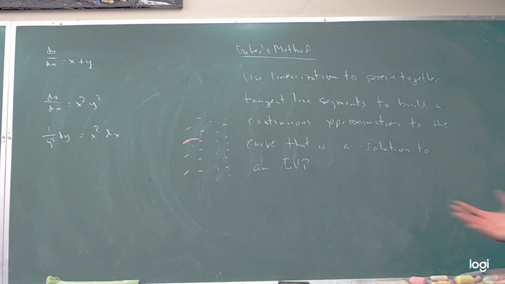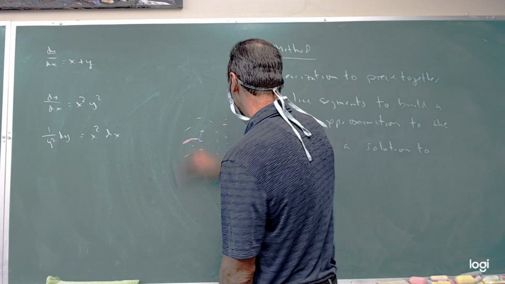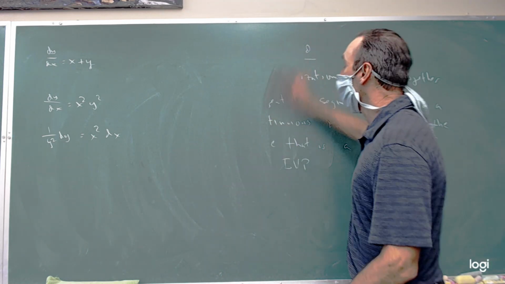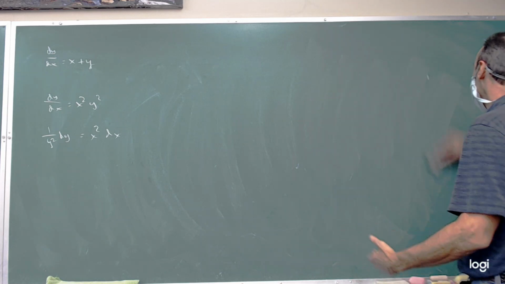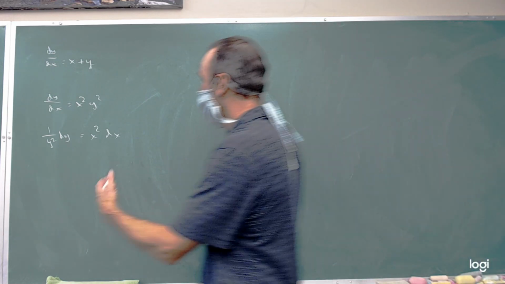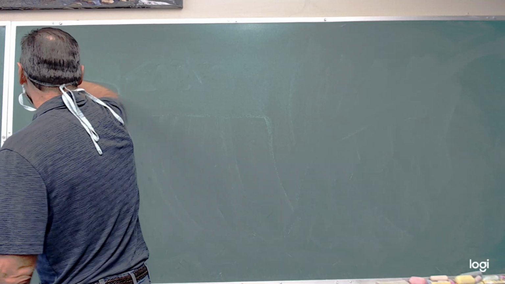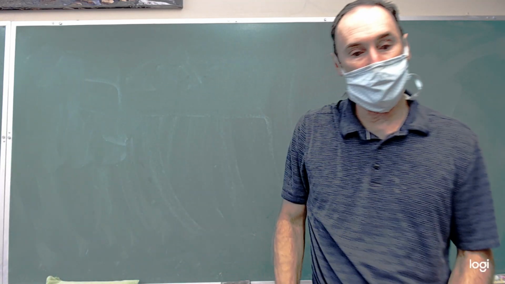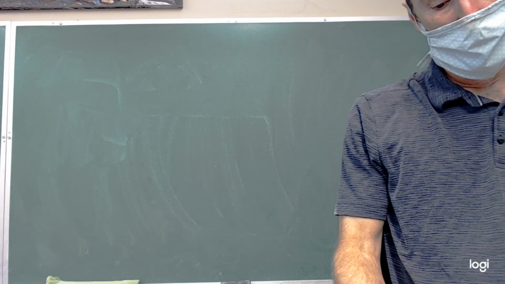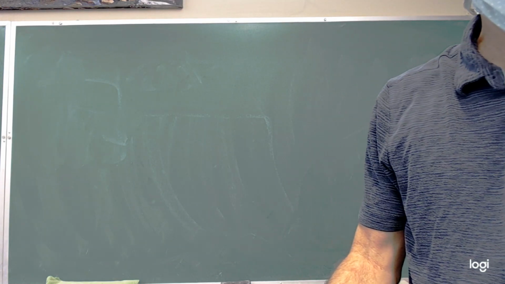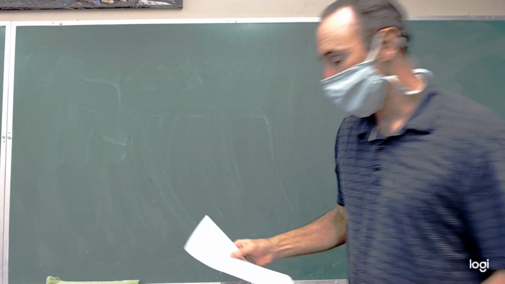So that's what they're talking about there, exactly what we're talking about now, Euler's Method. So let's see how it works a little bit. We talked a little bit about the big concept that we're going to build tangent lines and connect them to make a solution to a differential equation.